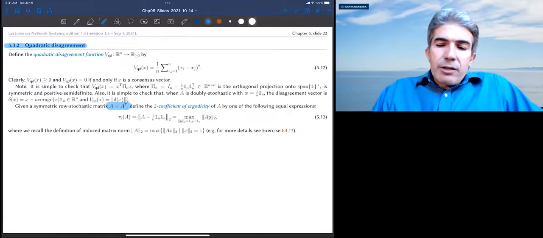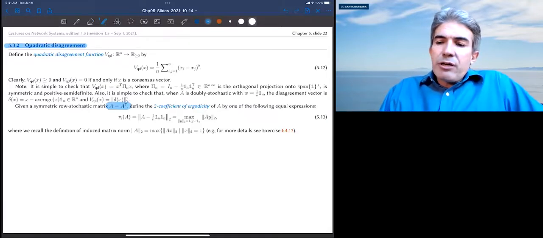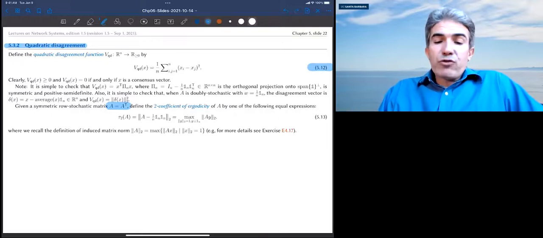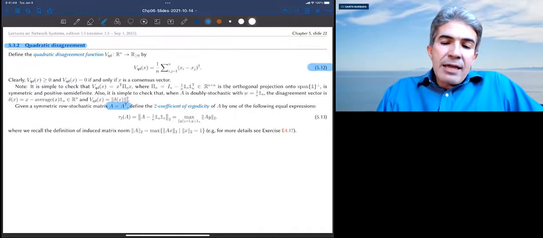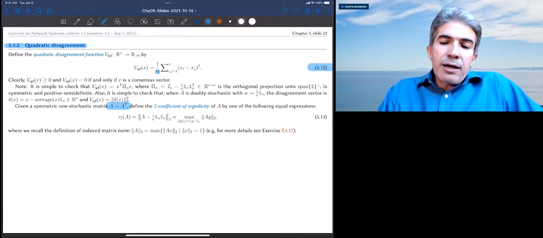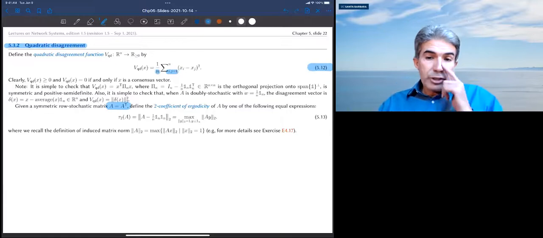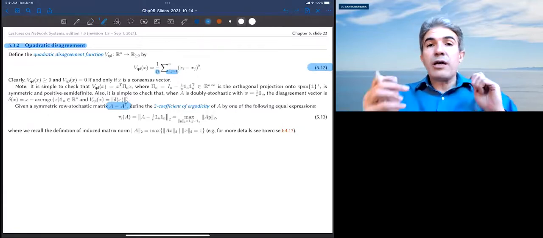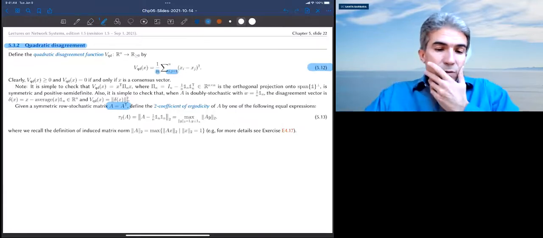So I can look at this sum of square differences, and it's convenient to normalize it by 1 over n. I'm basically summing the pairwise differences between all i and j. And notice that in this sum, I am actually counting each pair ij twice, because i and j are both running from 1 to n.